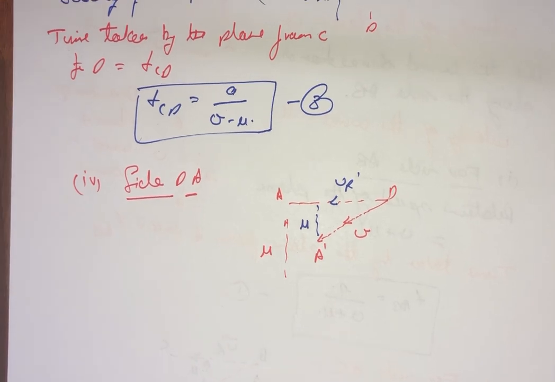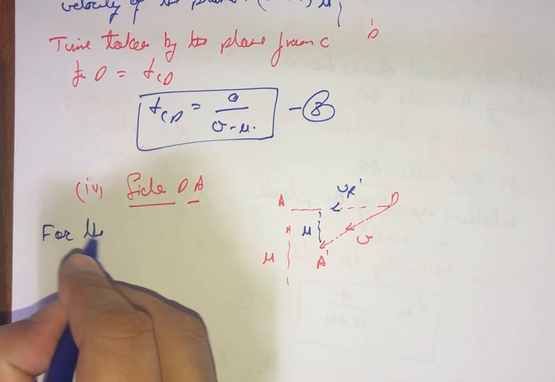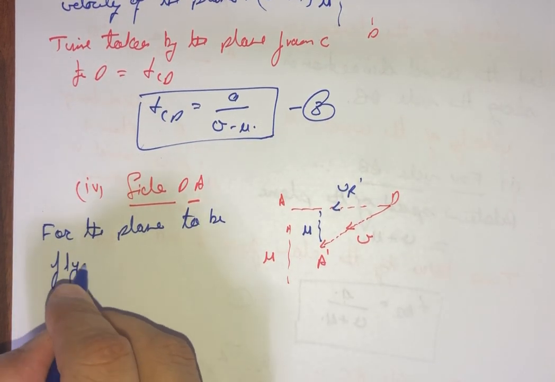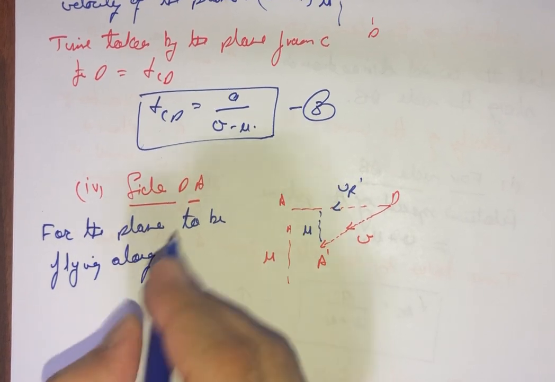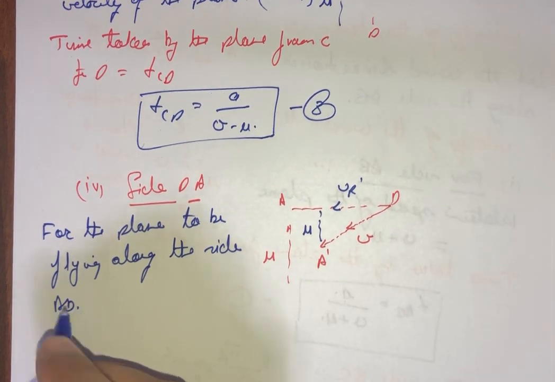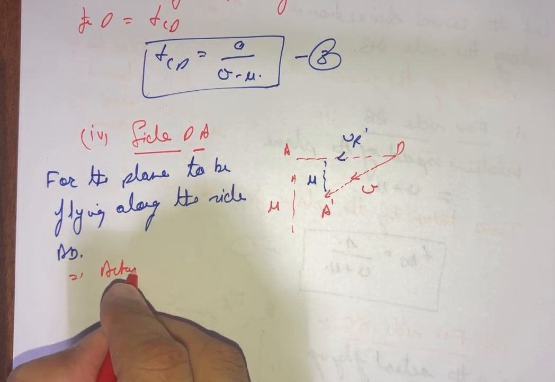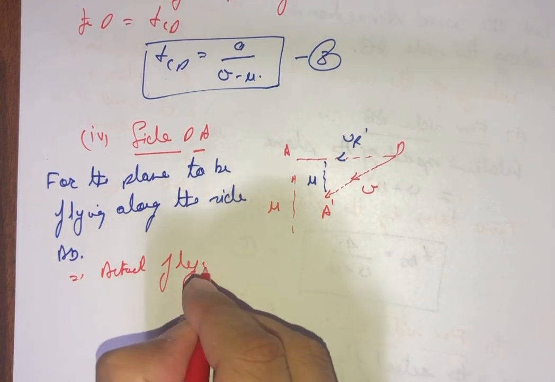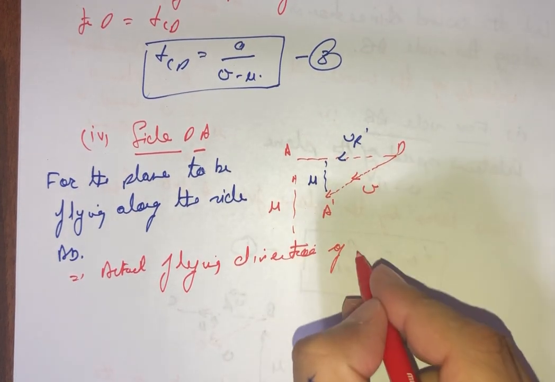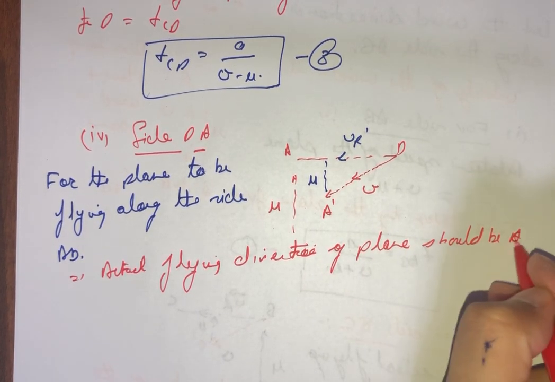Okay, so we can write it here that for the plane to be flying along the side AD, the actual flying direction of the plane should be dA prime.